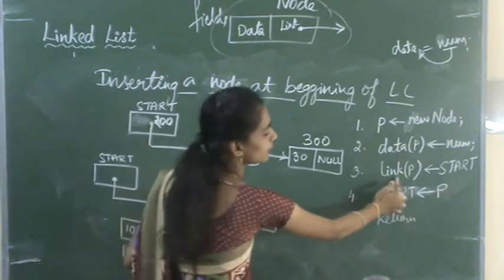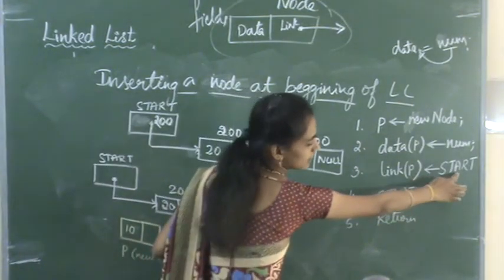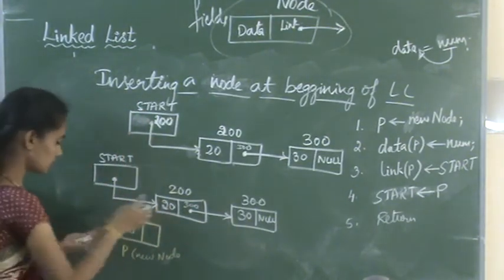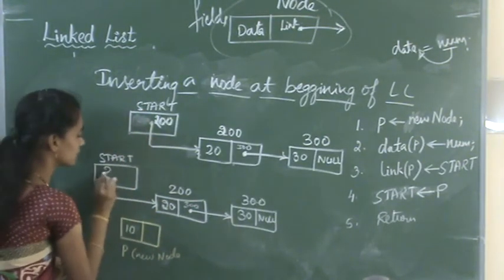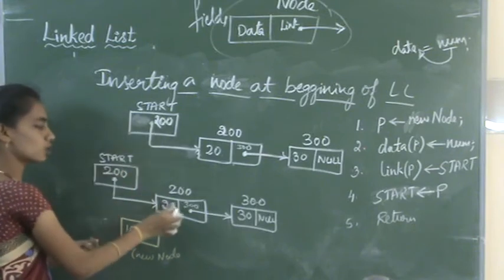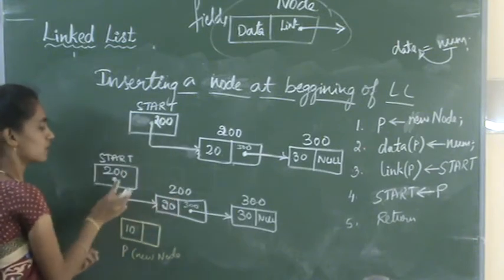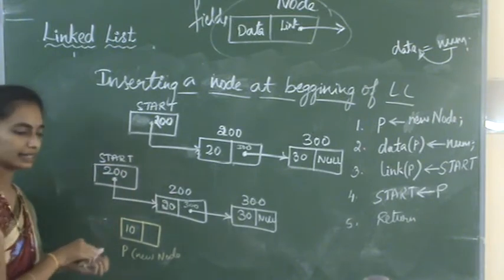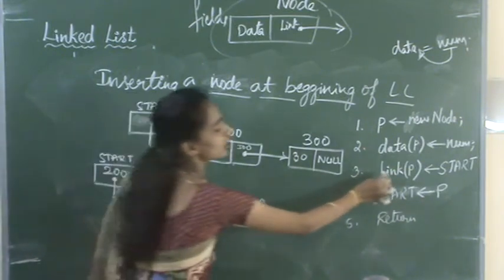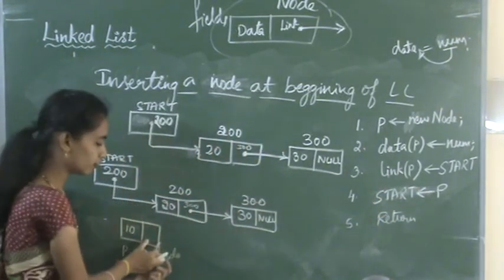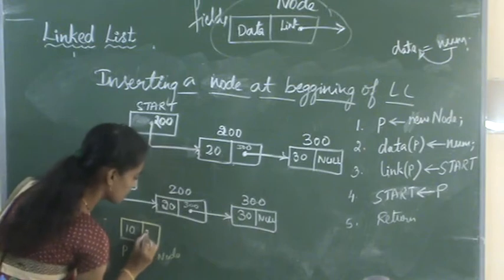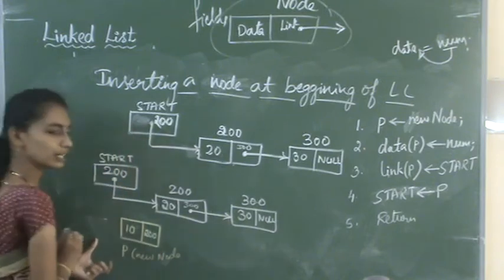Next, the third step, link of P: the start value is assigned to the link of P. Initially what is the starting address? The start stores the address of the first element, so it stores the value 200. This 200 is assigned to the link of P, which means the link field of the P node, so this now contains the value 200.